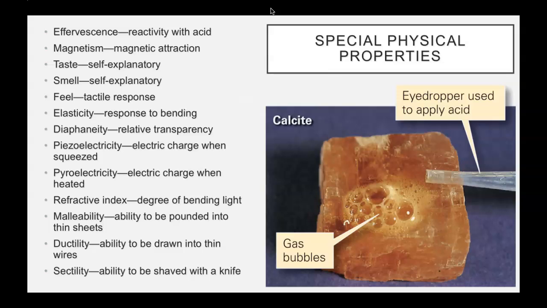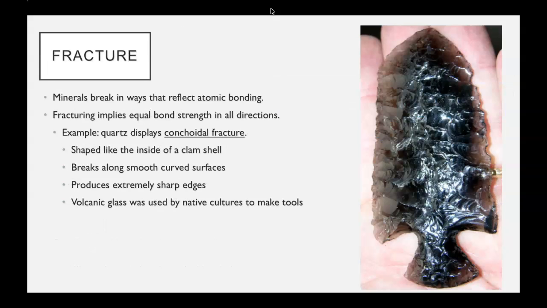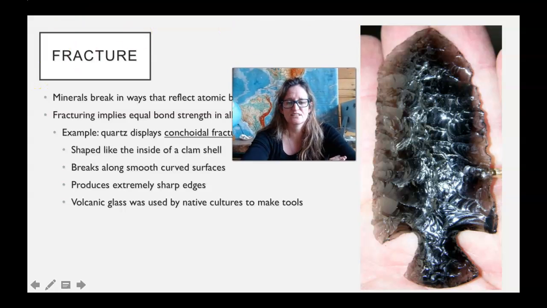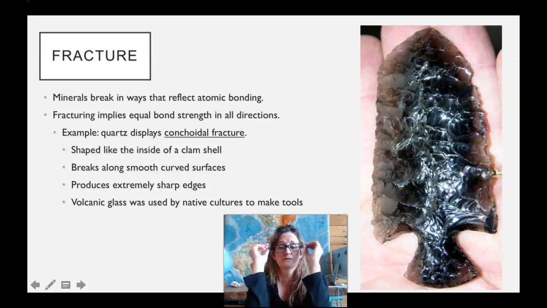Okay, we use those first 5, they were the main ones. Then we can look at the way a mineral breaks. The way a mineral breaks is going to go back to the atomic structure and the strength of the bonds and the directions of the bonds.